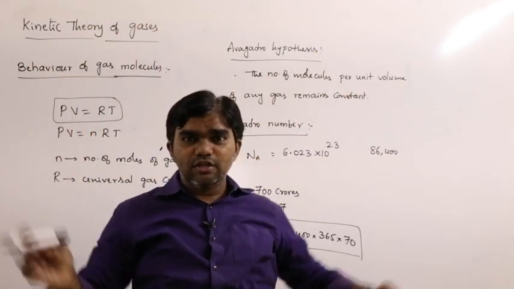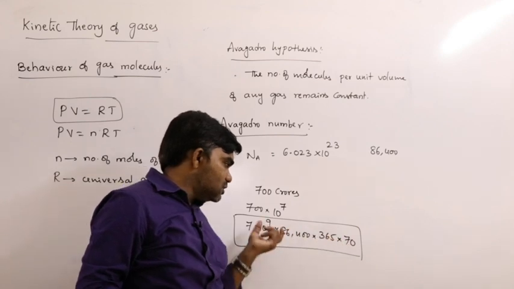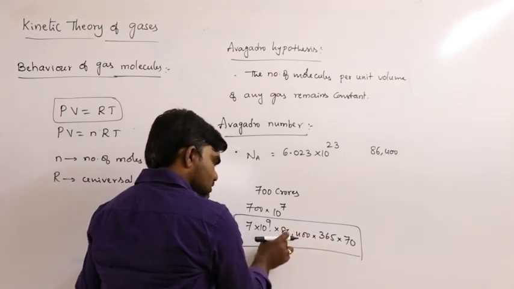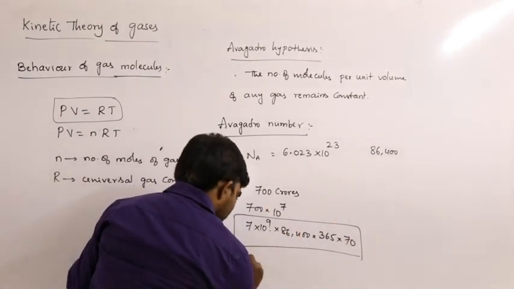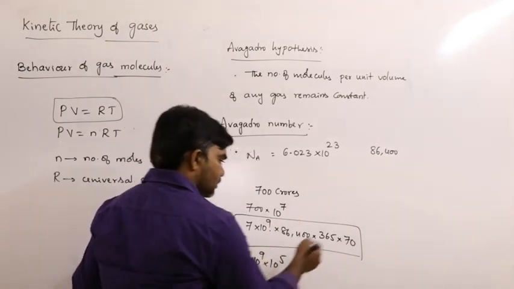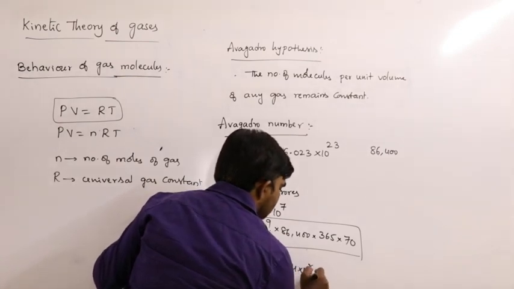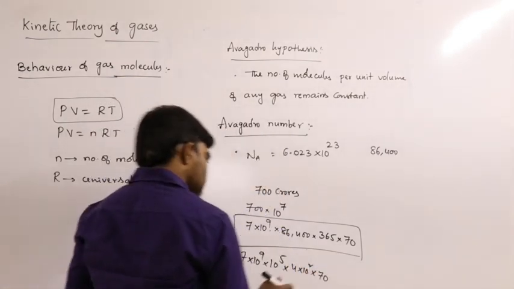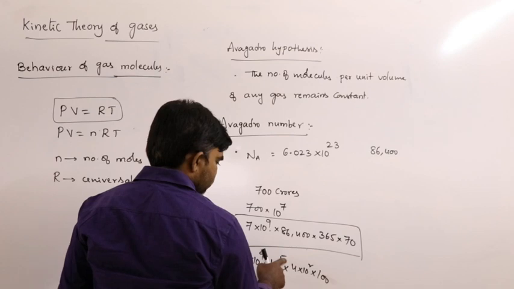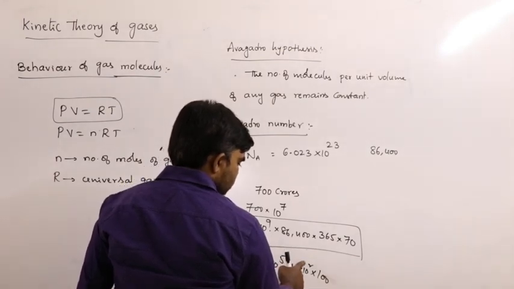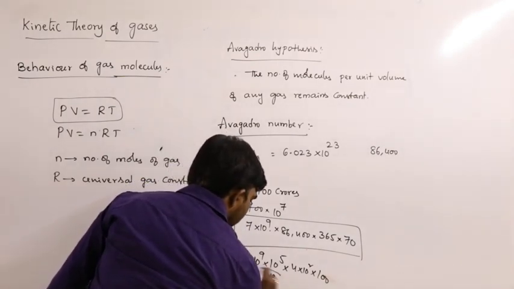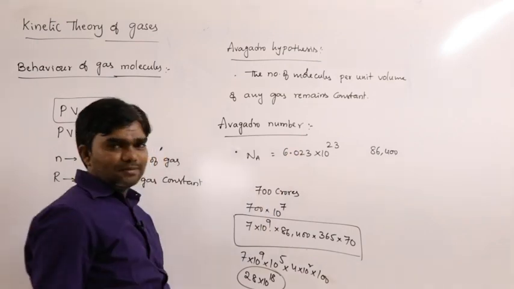Let us say 7 into 10 to the power of 9, this is 1 lakh, 10 to the power of 5, this is 400, 4 into 10 square, and into 70. For example, if the lifetime of each person is 100, how much is it? 9 plus 5 is 14, plus 2 is 16, plus 2 is 18, so 28 into 10 to the power of 18. So the number does not reach this much.